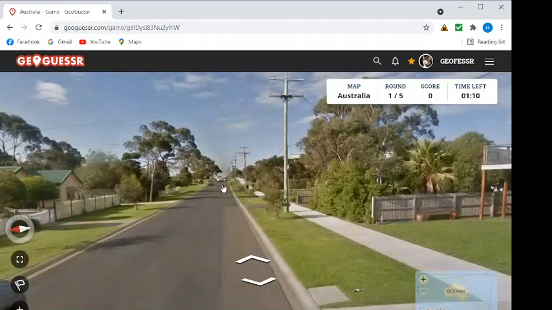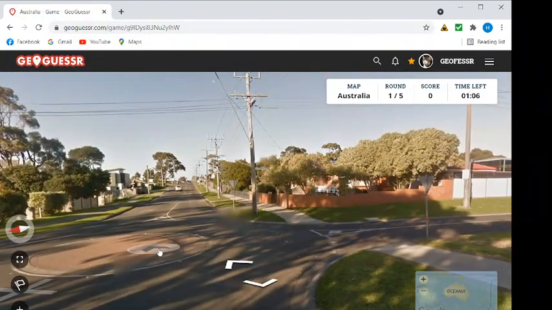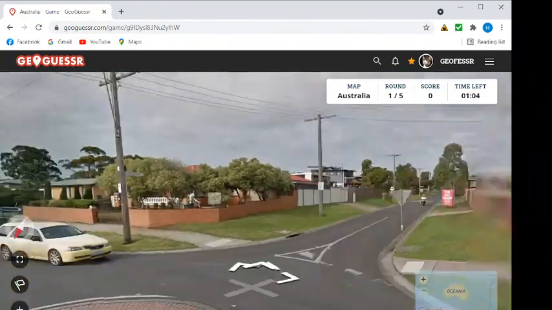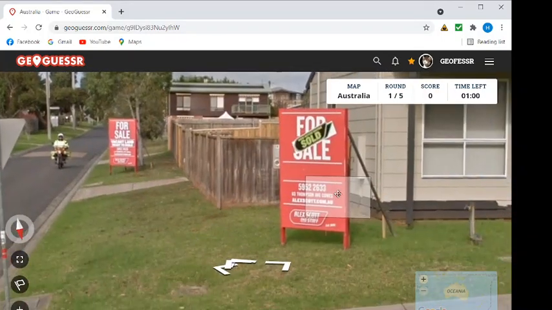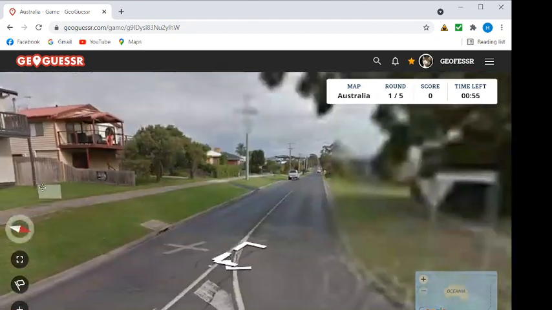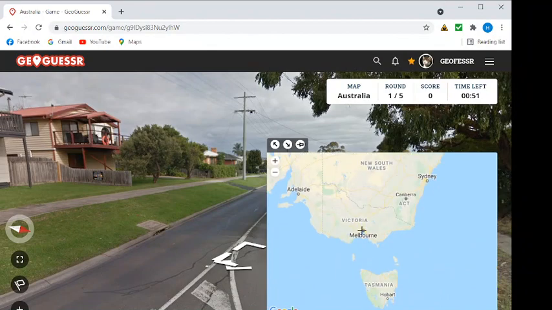It's also flat, which doesn't tell us much. We have a for sale sign, we have a .au domain, which we knew it was Australia already. So let's see.